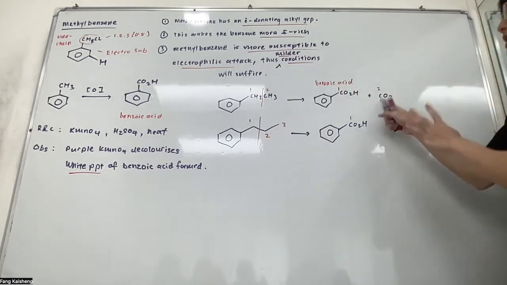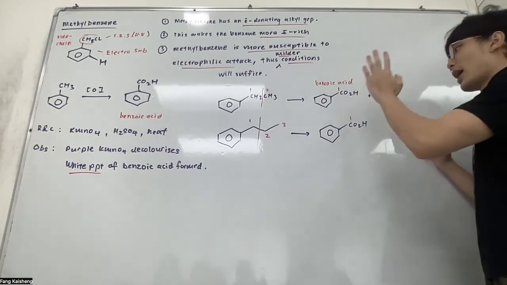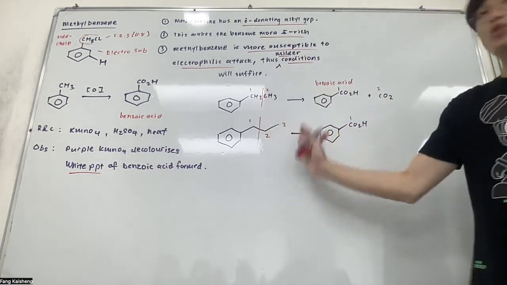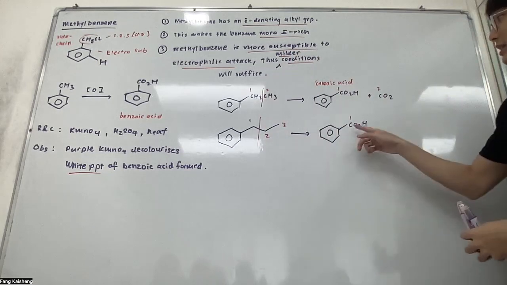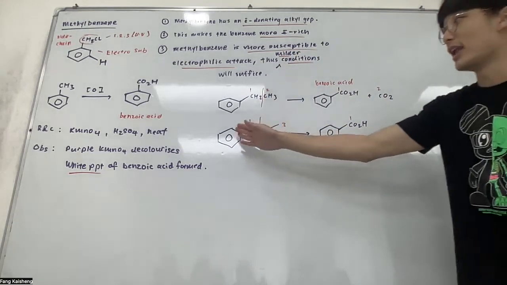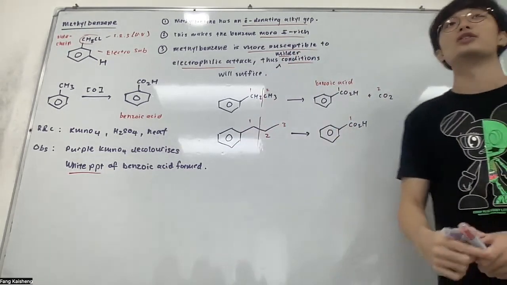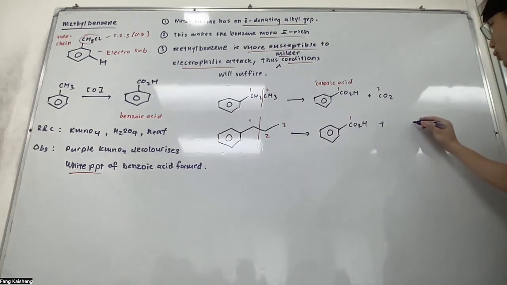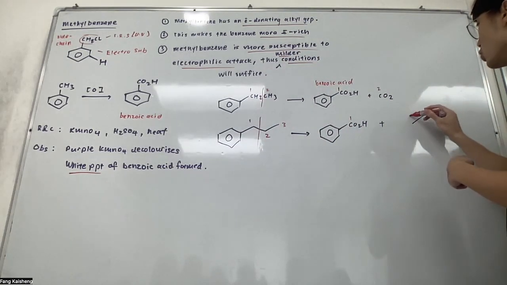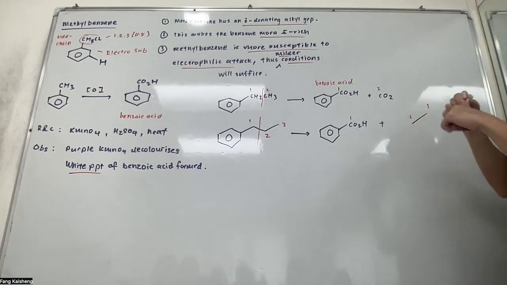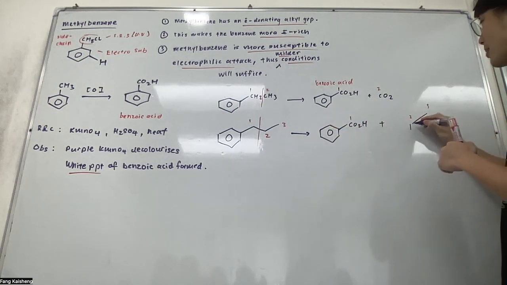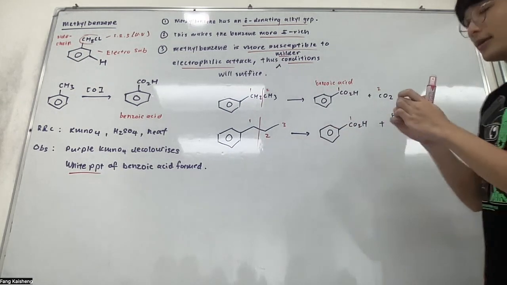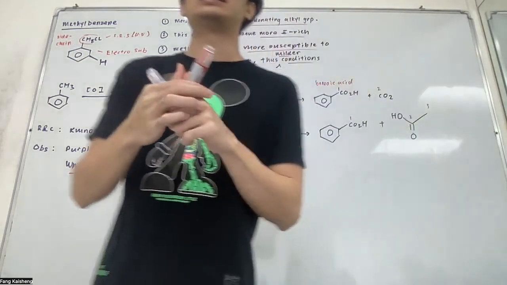Now, I'll come back to this later. But you see, when you cut this line over here, both products will turn into carboxylic acid. The one on the left turns into carboxylic acid, and the one on the right should also turn into carboxylic acid. So what's the second product? With 2 carbons, carbon 2 and 3, carbon 2 is the one that becomes a carboxylic acid. It's just how it works.